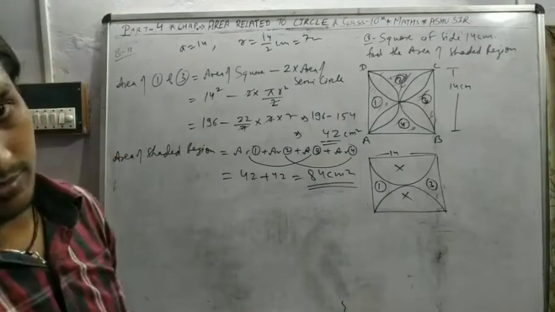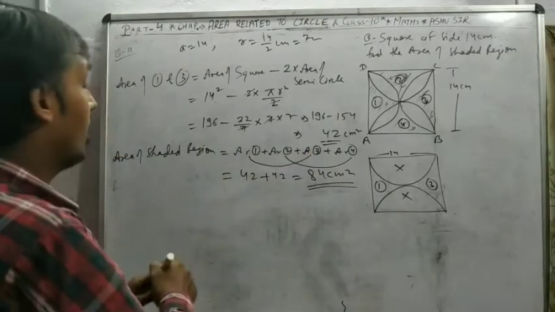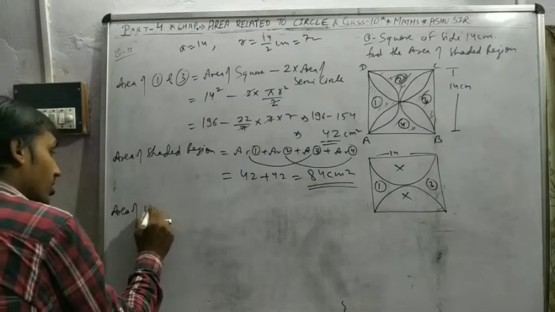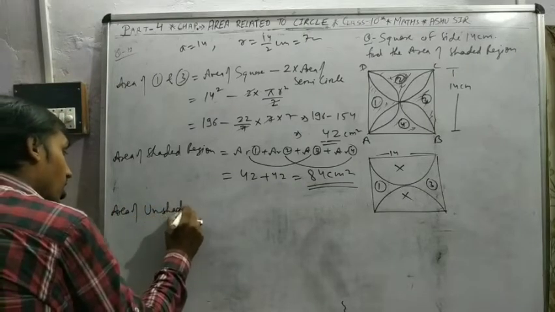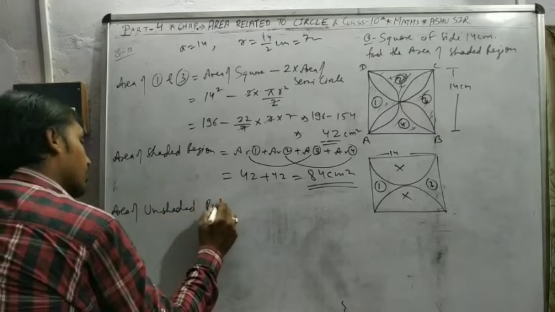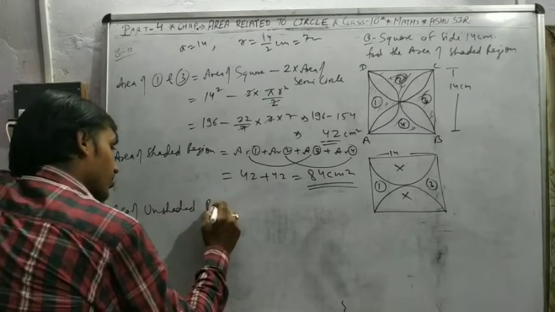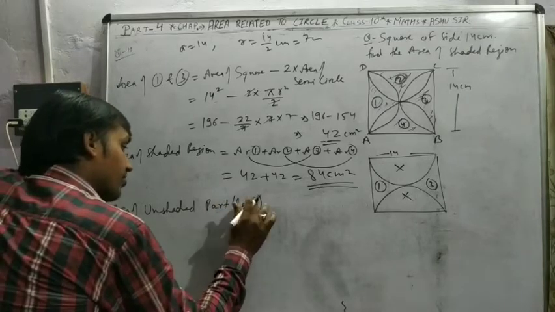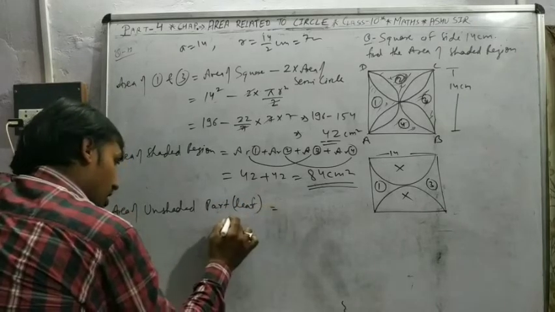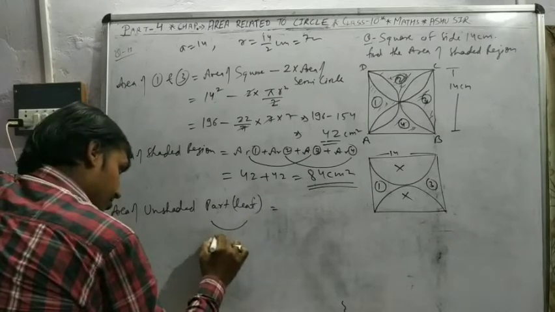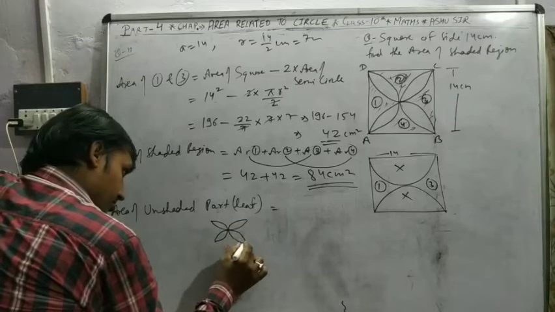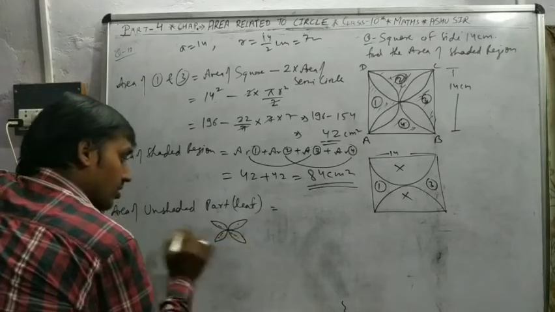Now we say, find the area of the unshaded part, that is the leaf, this part.